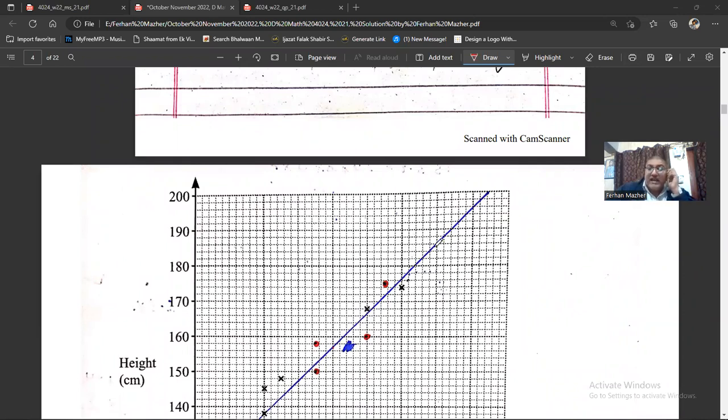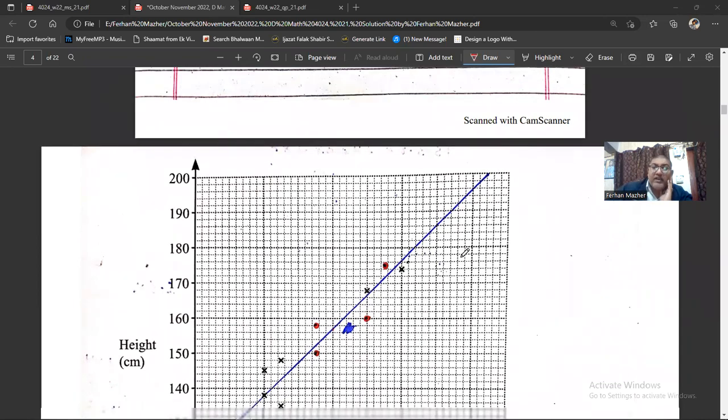This is just the line of the best fit, which is coming up to this point. So on 22, we don't actually have data here, which can support our argument because they're talking about the height of the human body.